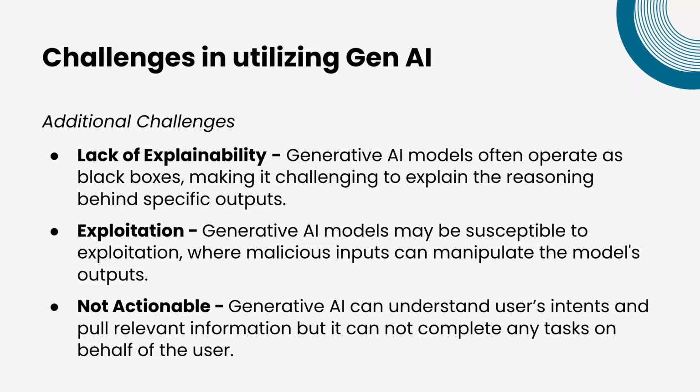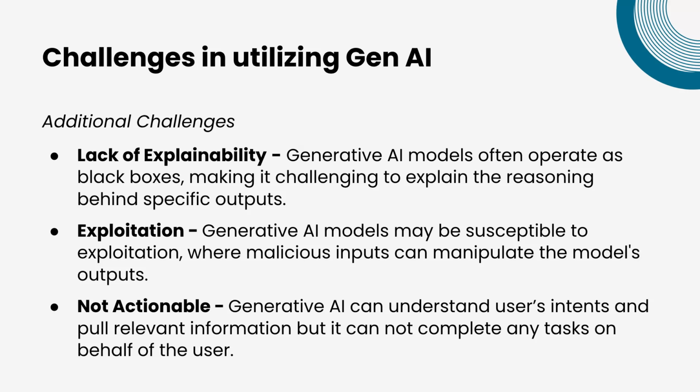It can make it difficult to explain the reasoning behind specific outputs. It can make it very challenging to adjust when there's an undesired output, just finding those pulleys and making adjustments. So that's one challenge that we have.